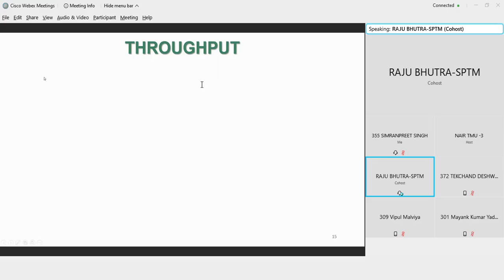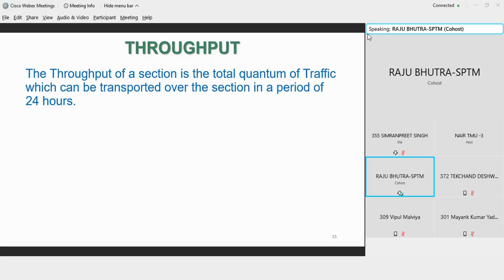Now, what is throughput? The throughput of a section is the total quantum of traffic which can be transported over the section in a period of 24 hours. What was line capacity?